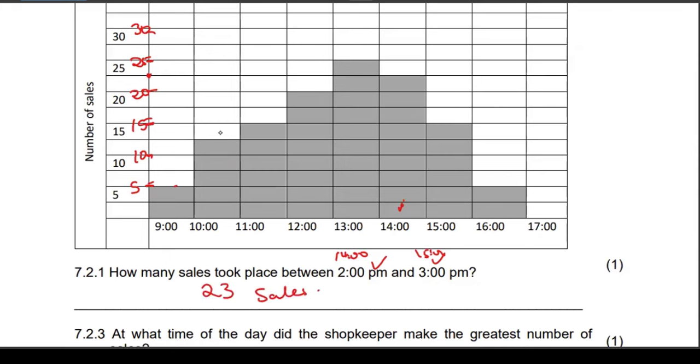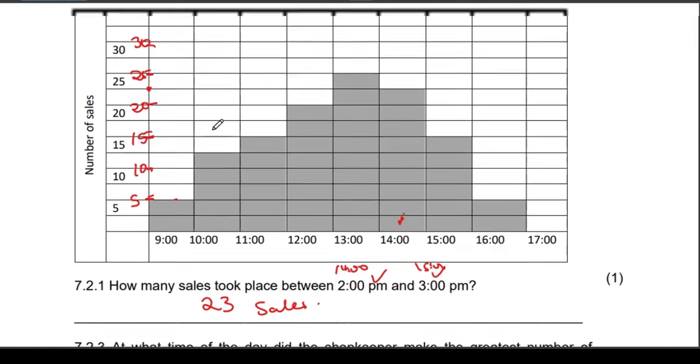We just estimate, since remember we're dealing with sales that are whole numbers, we cannot have half a sale or a quarter of a sale. Otherwise, it was going to be 22.5 sales. But in this case, I'll say it's 23.